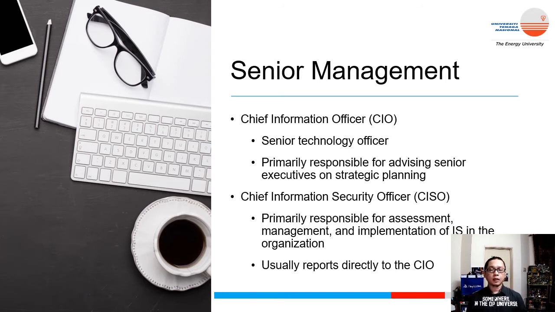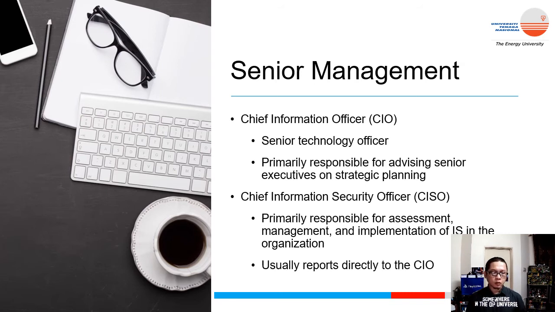How they get this information is usually from the CISO. The CISO is the one who understands, for every solution that they want to provide, who will be the technical team inside the organization, or perhaps which consultant or vendor they can approach to provide the solution.